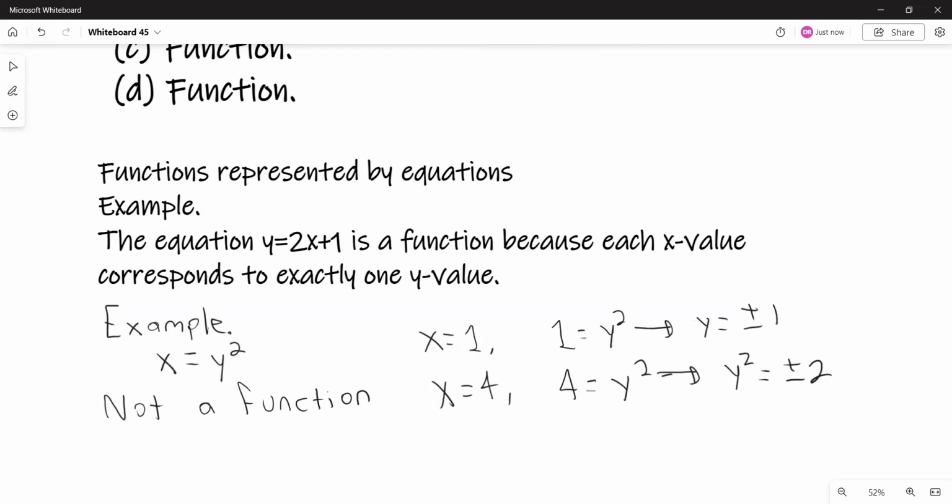Okay, so we have seen different ways to describe a function. And I'm going to copy the variations of the definition of a function. So I mentioned this last time. That's on page 209.